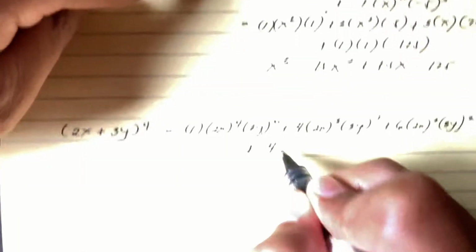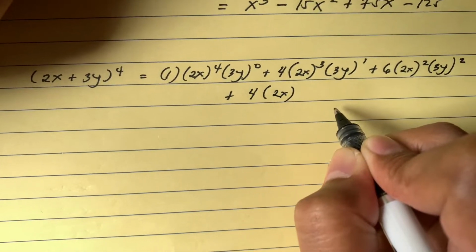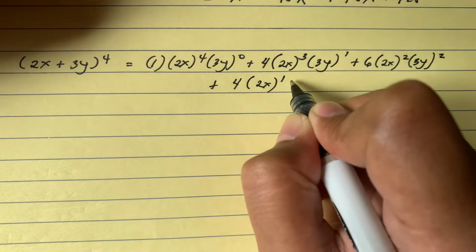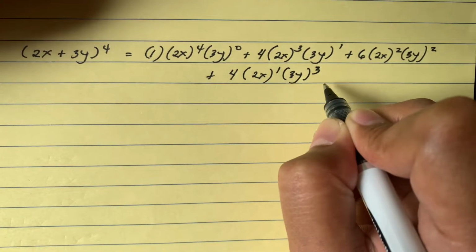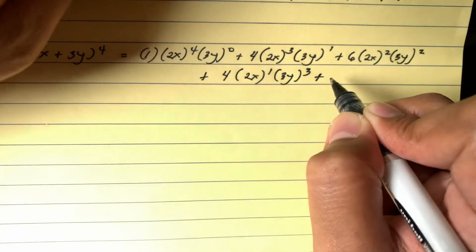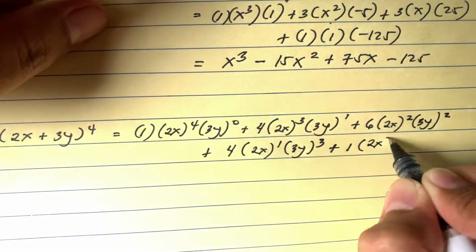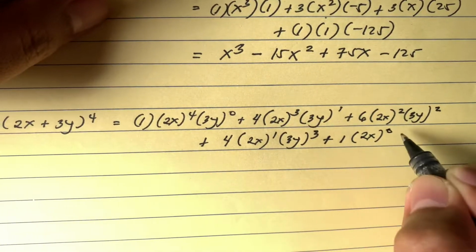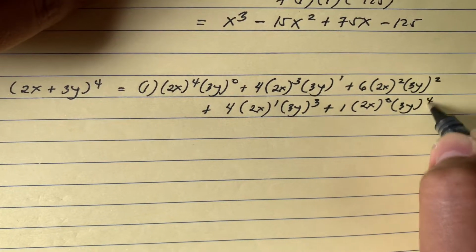So we have 4 times 2x raised to the power of 1. Then we have 3y raised to the power of 3. Plus, the last one, we have 1 times your first term, which is 2x raised to the power of 0. Then we have 3y raised to the power of 4.